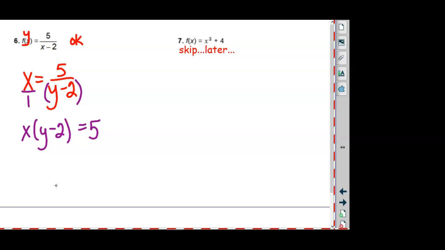Couple ways we could do that. Do you want to distribute it, or you don't want to distribute it? Okay, if we don't distribute it, what would be next? Yep, divide by x. Then we'd have y minus 2 equals 5 over x.